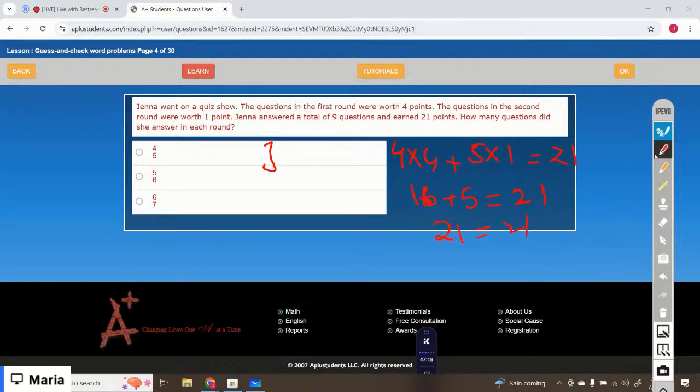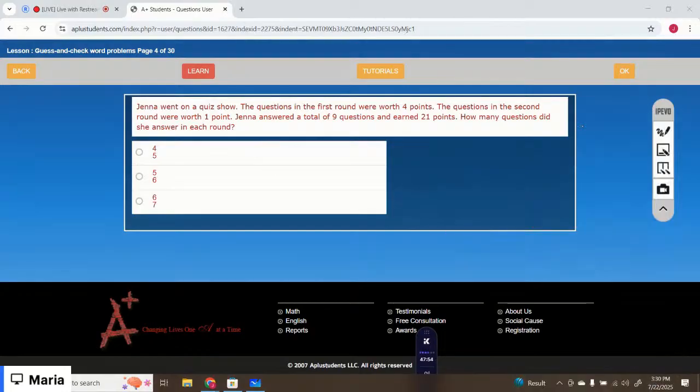So 21 is equal to 21. Option number one is the correct option.